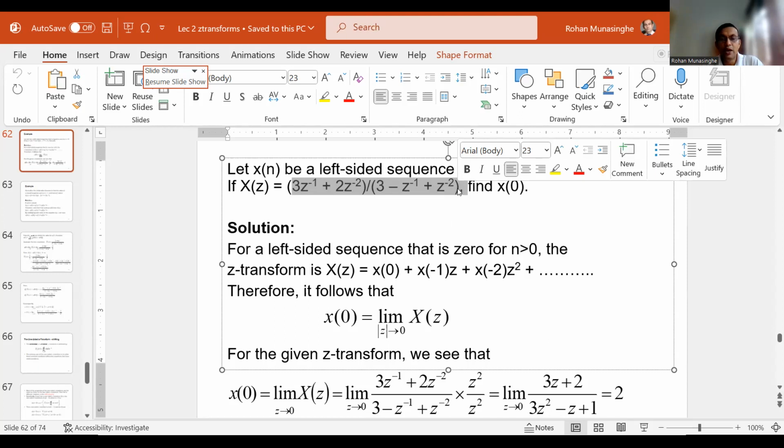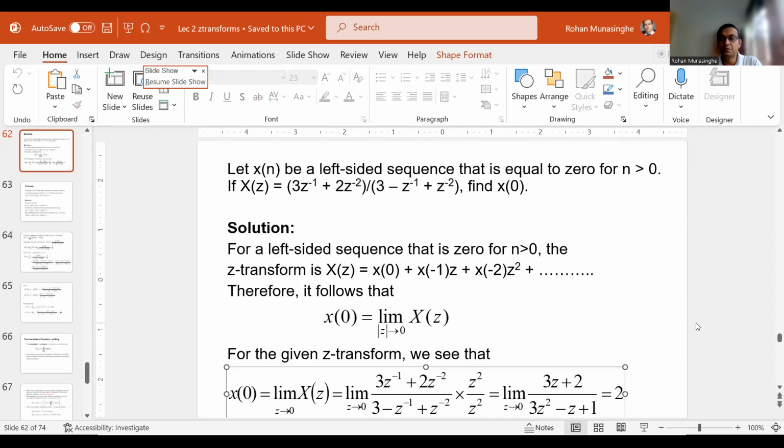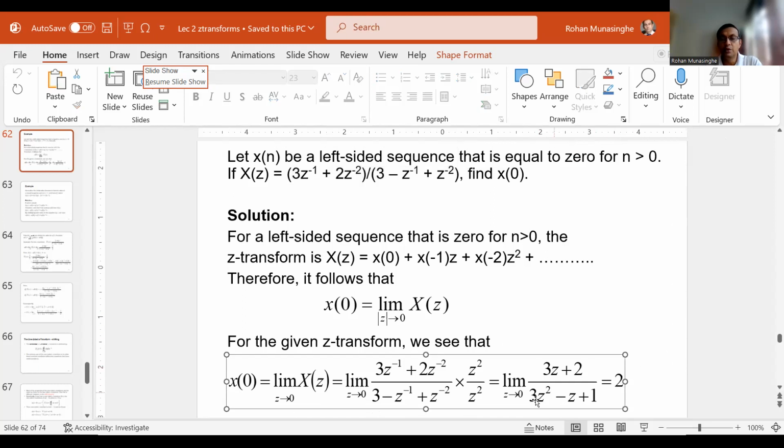So what you have to do is multiply the numerator and denominator of the rational polynomial by z to the plus 2, so that you can change it to something like this, as you can see over here. Now it is all positive powers. Then you can substitute z to 0 and get the answer 2. Okay. The first sample is 2 in this case.